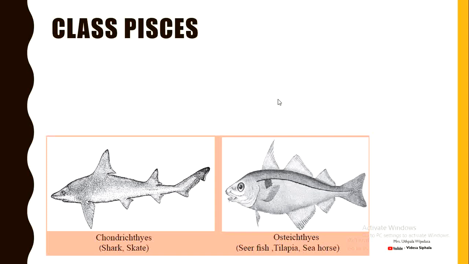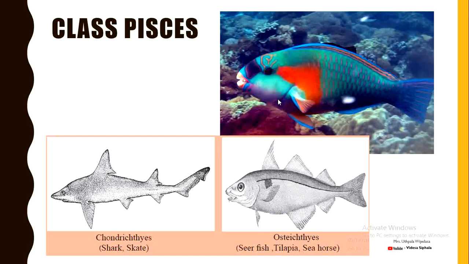Likewise, you can name a large number of fish species which are either freshwater, marine, or brackish water. So both cartilaginous and bony fish belong to this class. Cartilaginous fish are also known as chondrichthyes, while the bony fish are known as osteichthyes.